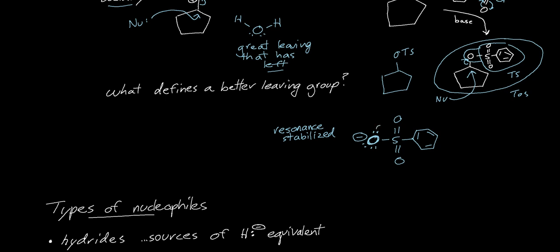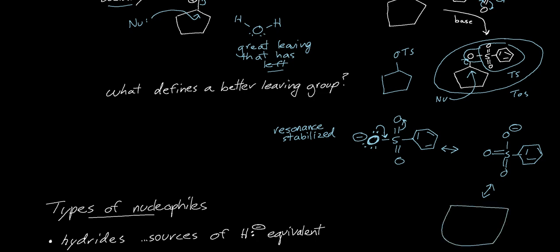For example, these electrons can be redistributed in this way, giving a resonance structure indicated by a double-headed arrow, leading to this, which is simply another form where electrons are redistributed. And then you can have another resonance form of that. And the more resonance forms, which I can leave for you, the more stable.